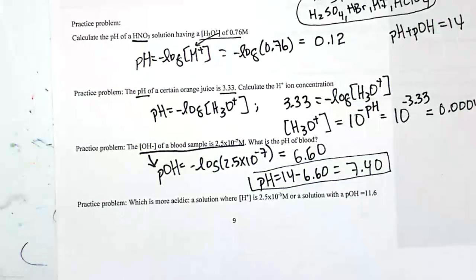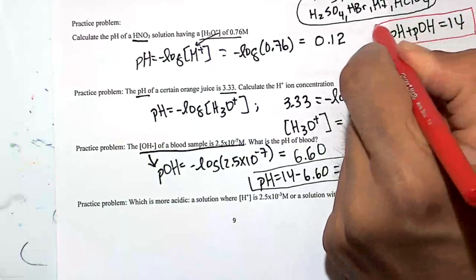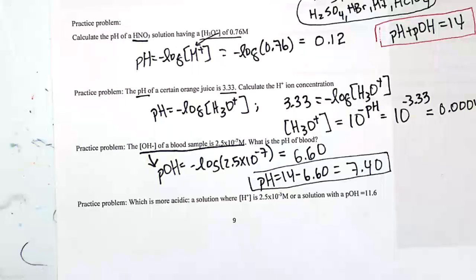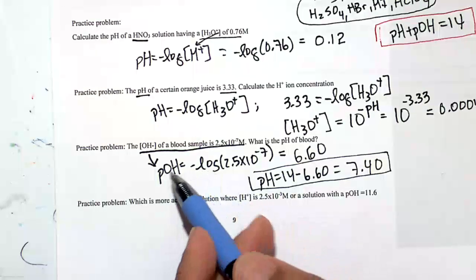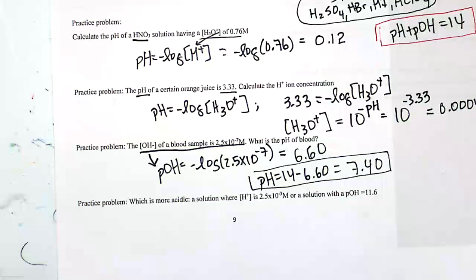Because you have to remember this relationship: pH plus pOH is equal to 14. So pOH is 6.6, the pH is 7.4. That's right.